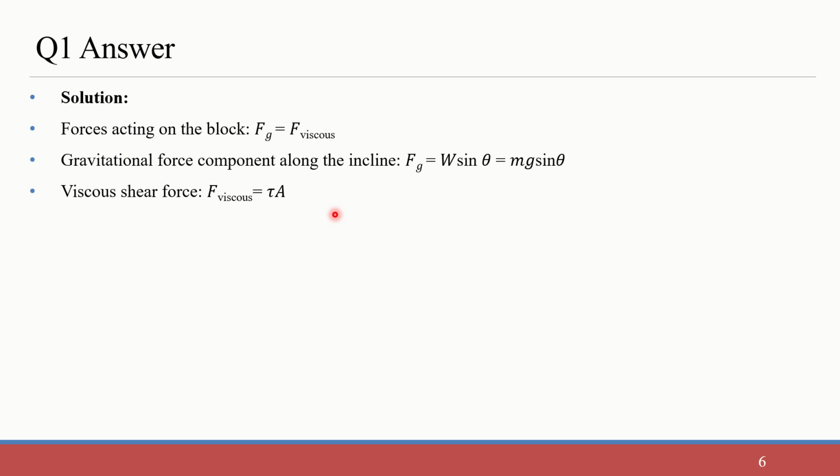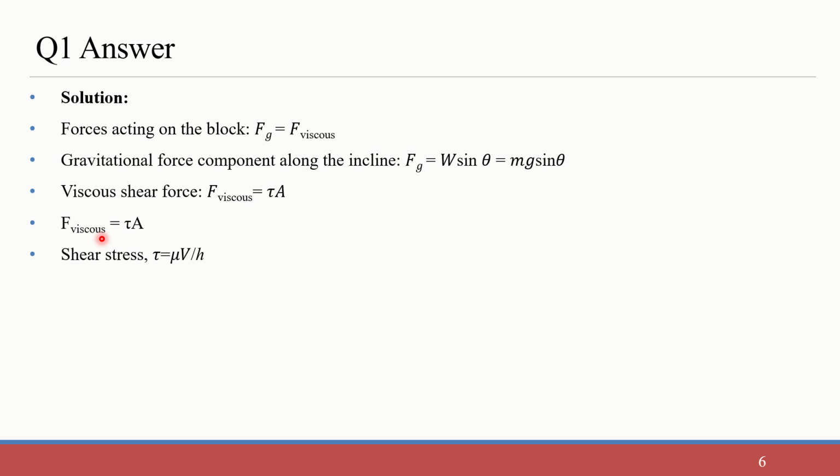So now we need to find the shear force, that is viscous force. Viscous shear force, let us denote it by F viscous, is equal to tau into A, and this particular tau is the shear stress. Shear stress is given by mu dV by dx, as we all know.